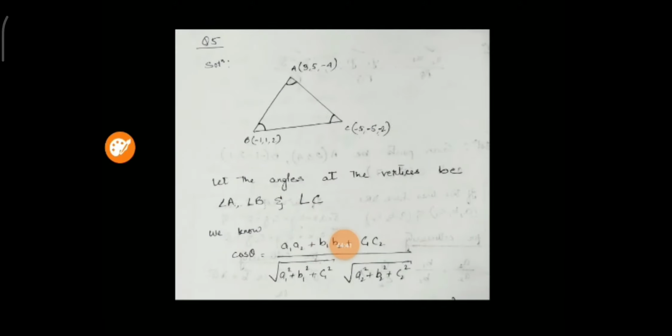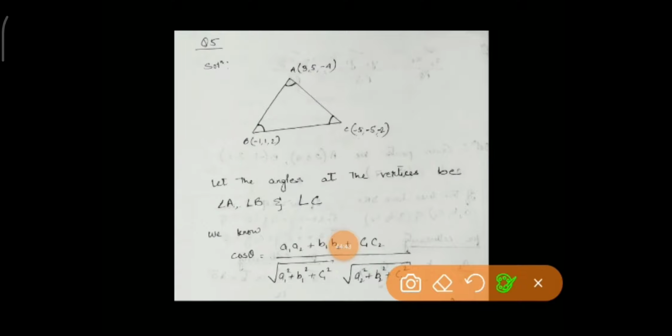First, I find the direction ratios. Direction ratios of AB, how do I find? These are x1, y1, z1, x2, y2, z2, because we are talking about AB. B will come first, x2 minus x1. So you can see here what I did.